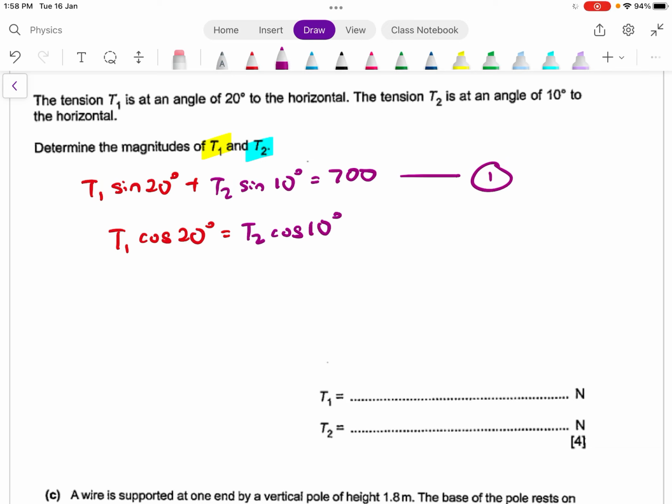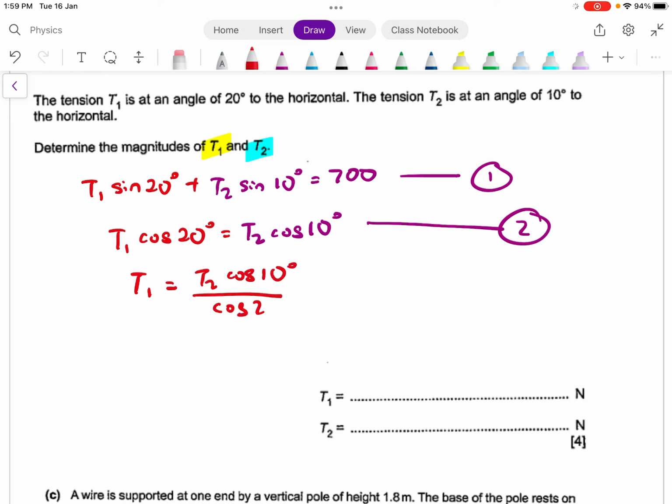Now this is the second equation, and you can see there's actually a simultaneous equation. I want to make T1 the subject. So T1 is equal to T2 cosine 10 over cosine 20 degrees. I leave it in terms of T2. So T1 is equal to 1.048010521 T2.